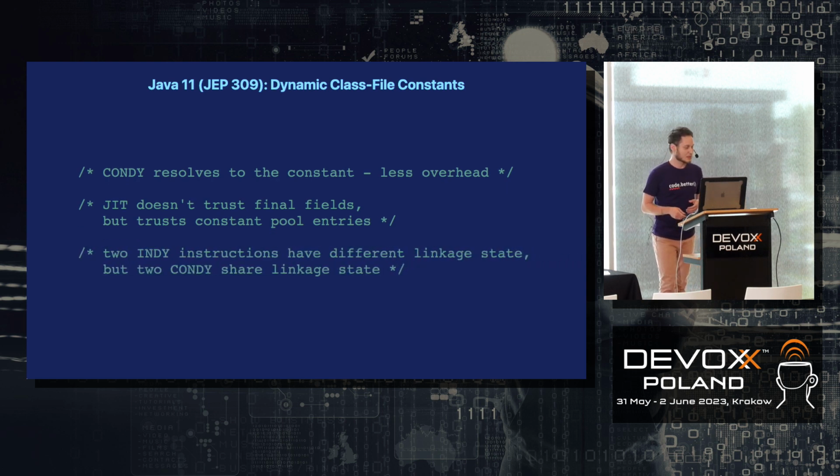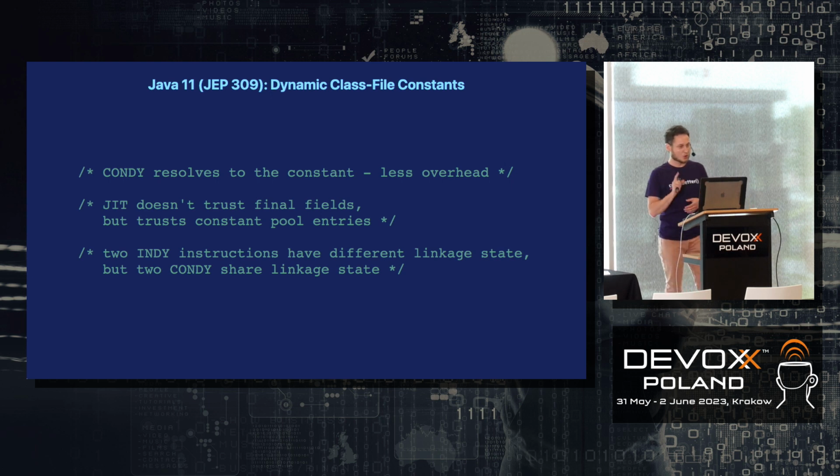And another nice property of condy is that if we have two invoke dynamic instructions in our class file, they have a different linkage state. The first time each of them is encountered, we should call the bootstrap method, do the linkage with the actual call site and the target, and that's it.